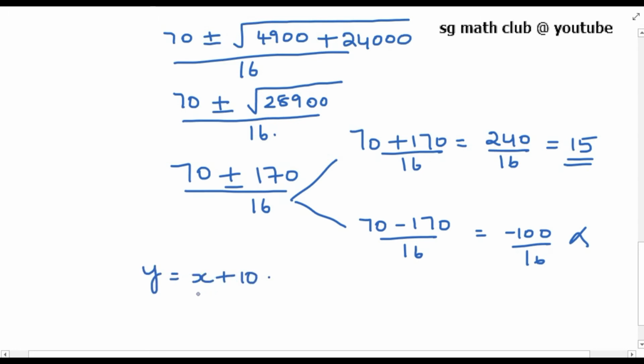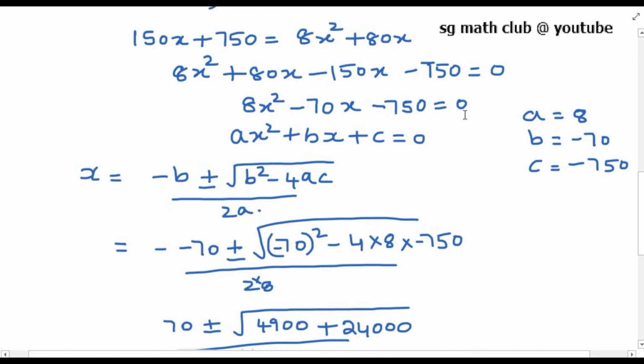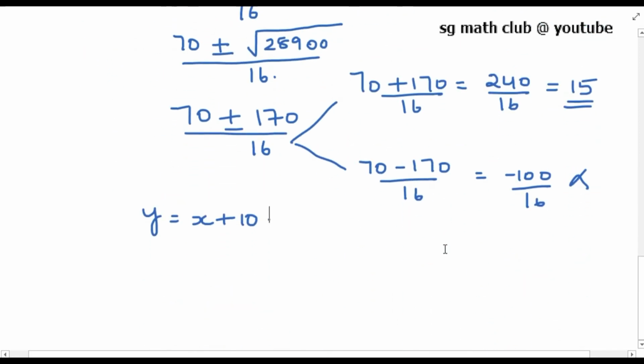We got the value of X as 15. This is a quadratic equation in X only. So the value of X is 15. So the larger tap takes 15 hours and the smaller tap takes 25 hours to fill the tank.